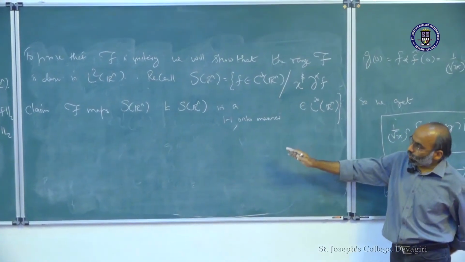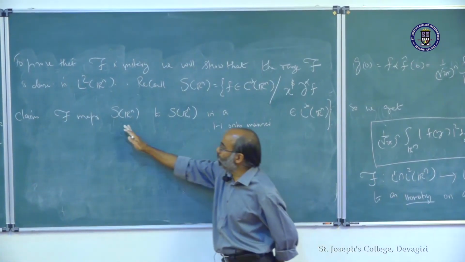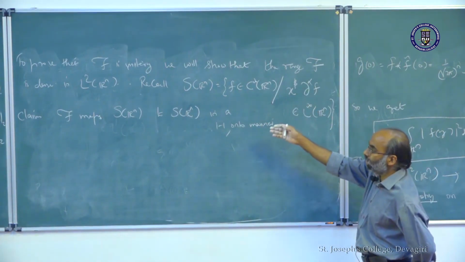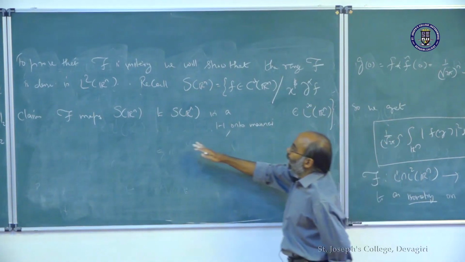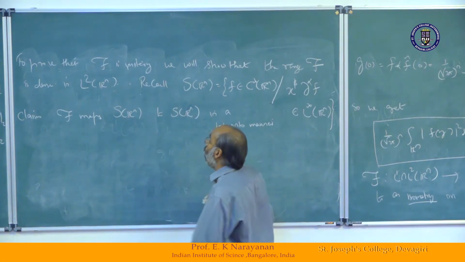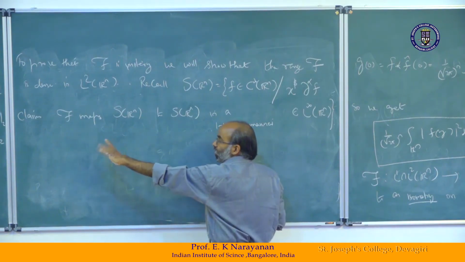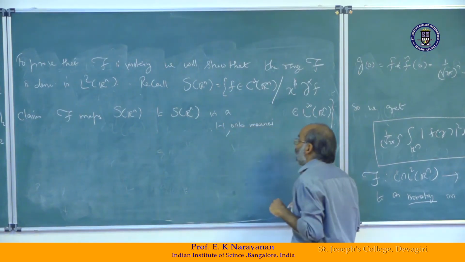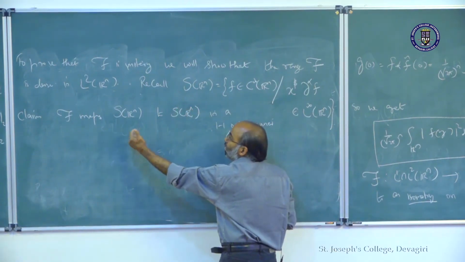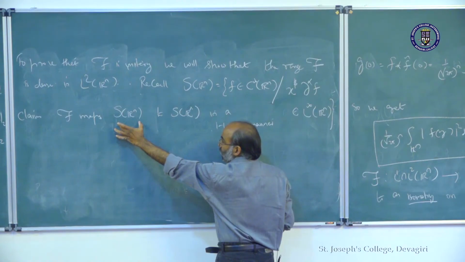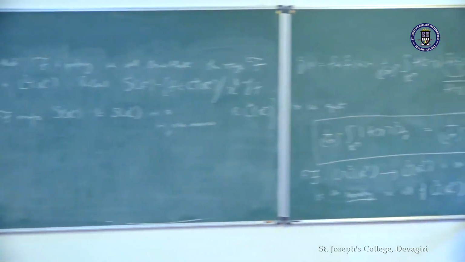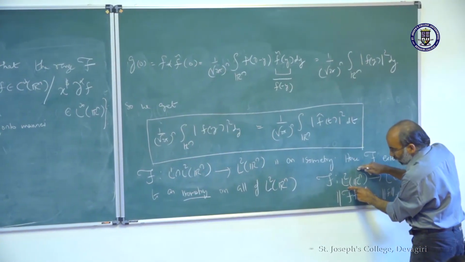Script f is the Fourier transform, which is well defined on the Schwarz space, because the Schwarz space consists of functions which are rapidly decreasing. So, they are in L1, they are in L2, they are everywhere. And on L1 intersection L2, we have a nice definition in terms of integrals. So, on the Schwarz space, we have the usual definition of the Fourier transform. If we prove that everything in the Schwarz space is the Fourier transform of some other function in the Schwarz space, then when I look at the range of script f in L2, the Schwarz space sits inside as a dense subspace.